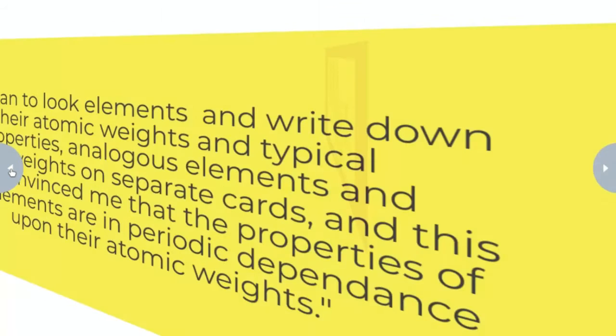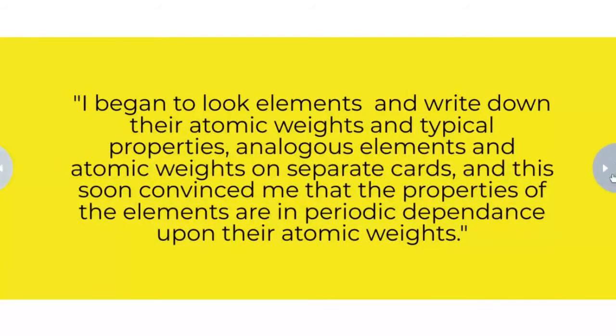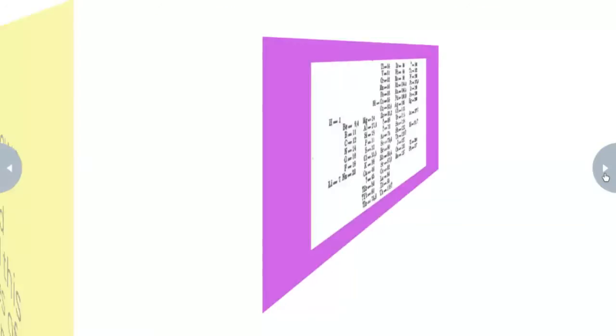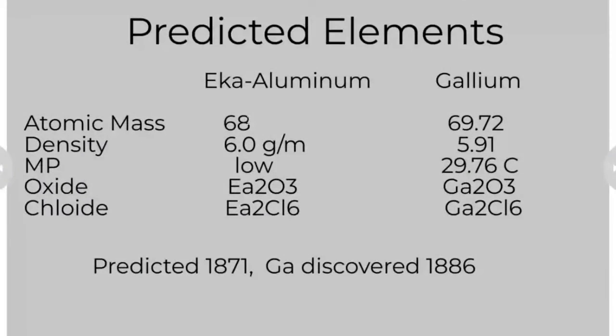He said the one that should match up next to it, I'm going to call Eka aluminum. Okay? Then, well, I'm going the wrong way. So what did he say? He started predicting the properties. Now, how did he predict the properties? Well, I have to be confusing and go back again.